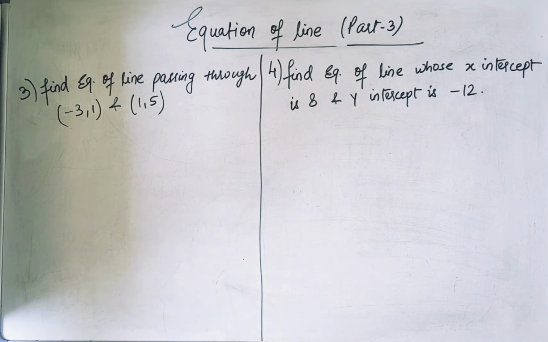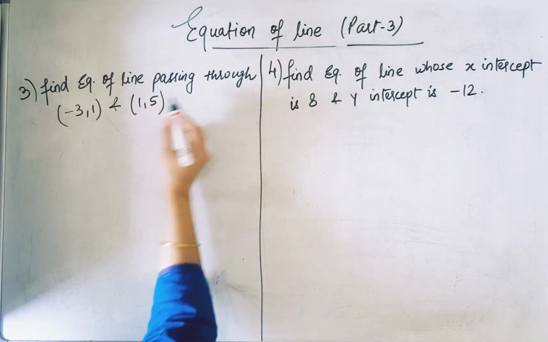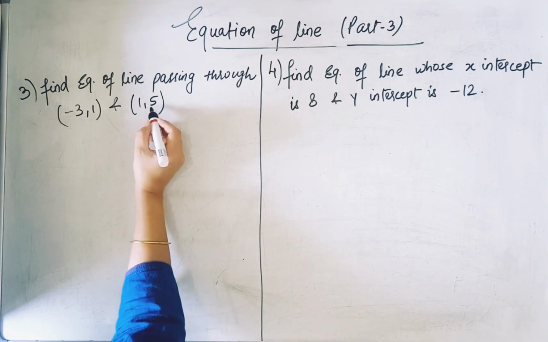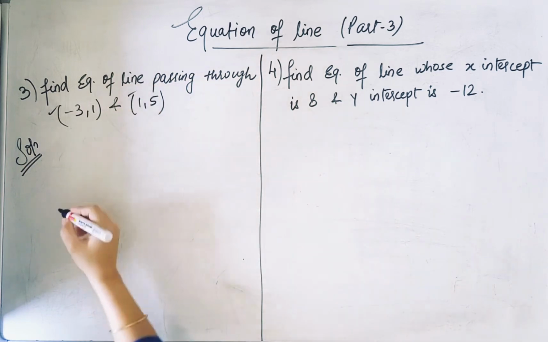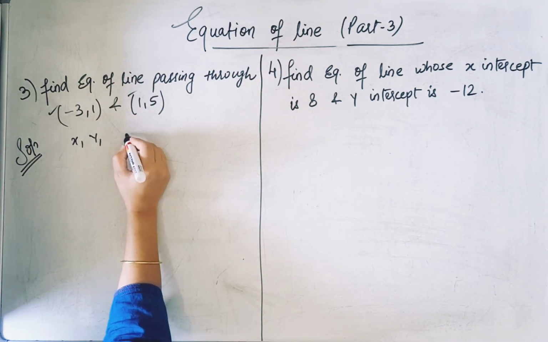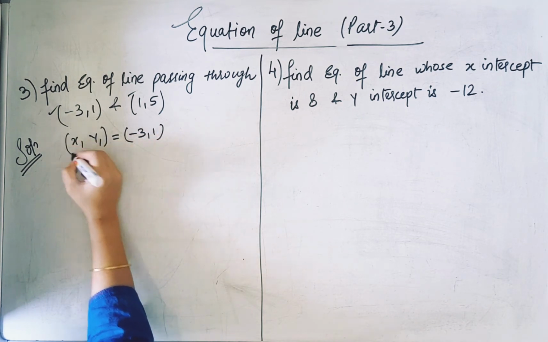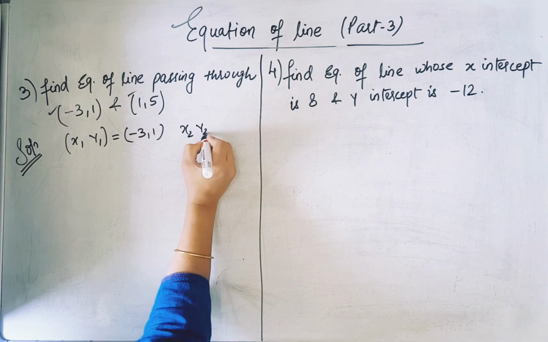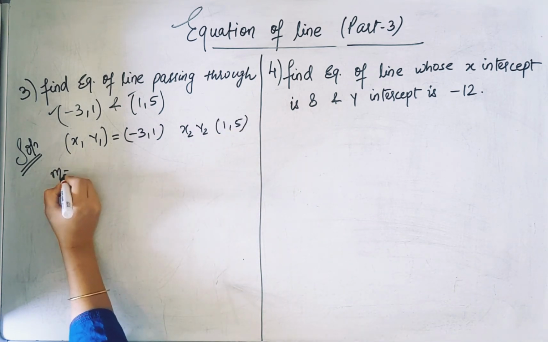So now the next question is, find the equation of the line passing through (-3, 1) and (1, 5). Now we are provided with 2 points. When we are provided with 2 points, like we are provided with x1, y1, which is (-3, 1), and we are provided with the other point, that is x2, y2, which is (1, 5). So we'll find what?